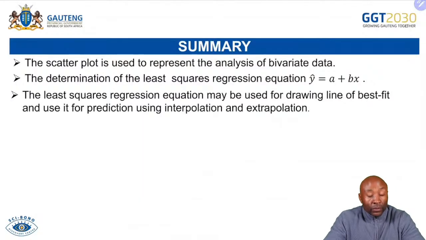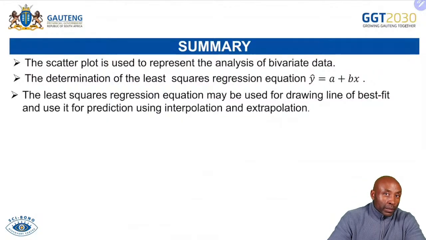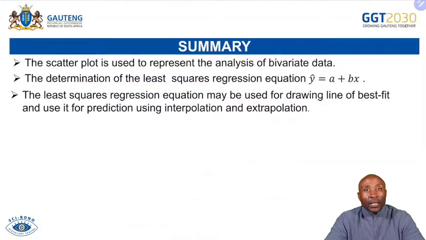We should be able to use the least squares regression equation to draw the line of best fit and also to predict. Remember, we can be given the number of bottles, we can determine the temperature for a particular day. That is, we use interpolation or extrapolation, depending on the question.